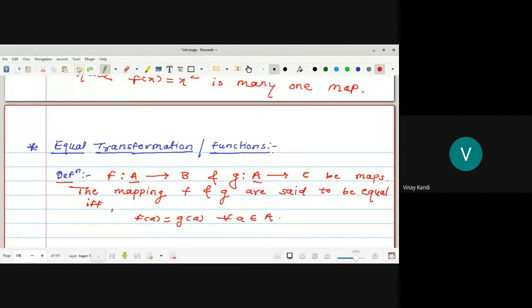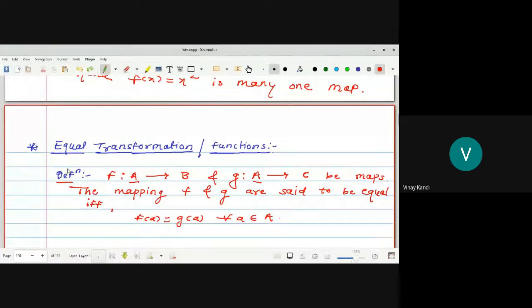The domain of the function f is A. The domain of the function g is also A. So for equal functions, f is a function from A to B and g is a function from A to C. f and g are said to be equal if and only if f of a is equal to g of a for all a belonging to A.